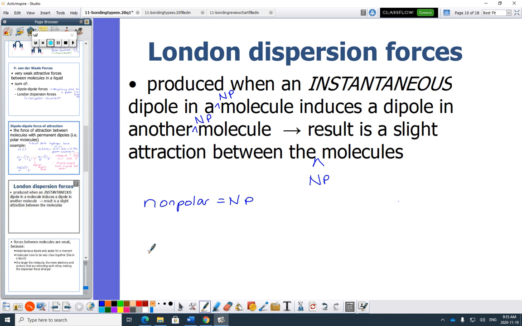It's the only choice. Because nonpolar has no slightly positive, no slightly negative. We would have called that equal.